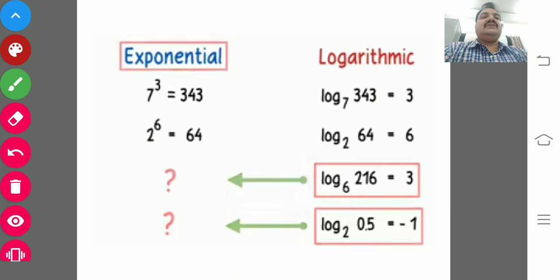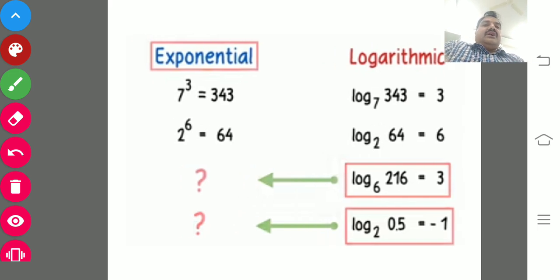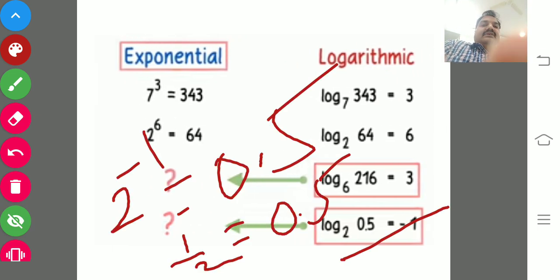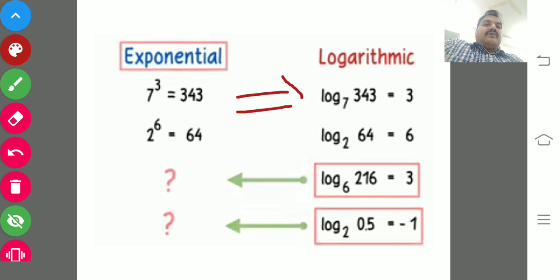So this is only the conversion, how to change an exponential equation into a logarithm equation, a logarithm function, of course. So, logarithm notation to the exponential notation. If you observe these examples, what can you conclude?